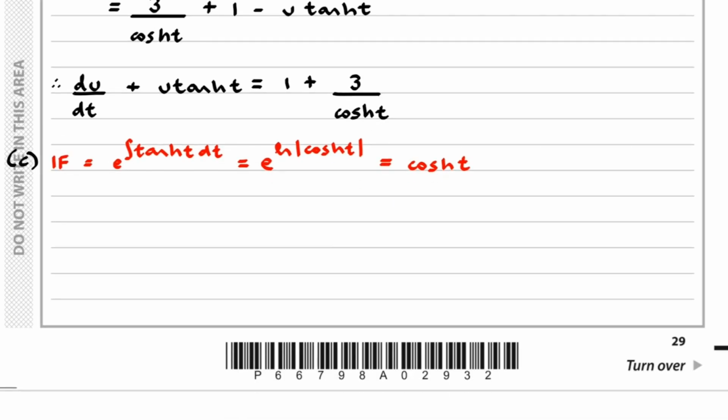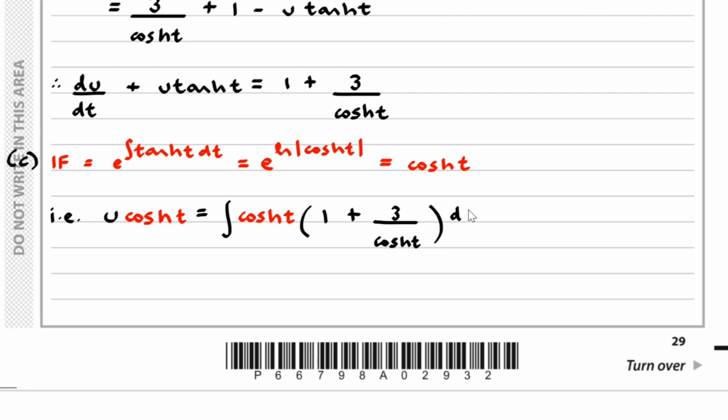And therefore we've got u multiplied by cos t equals the integral of cos t multiplied by 1 plus 3 over cos t dt.